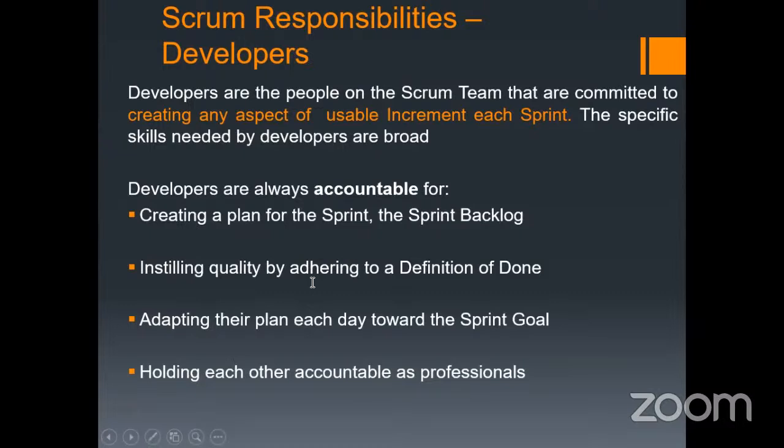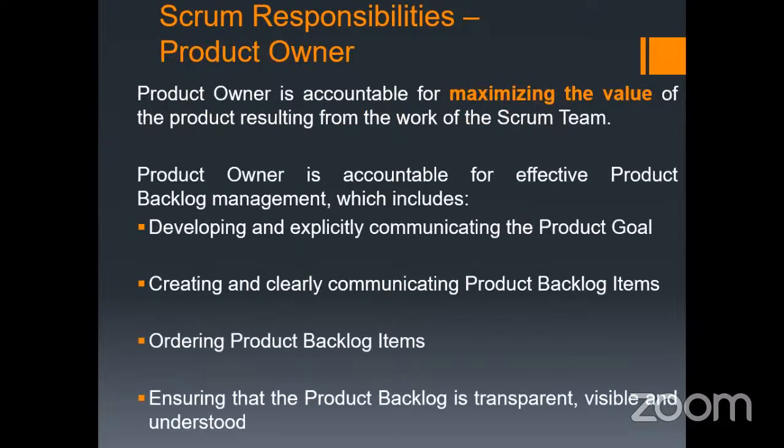Then they check that the increment created adheres to the definition of done. Every day they check that whatever progress they are making is going towards the sprint goal and not deviating from it, and they hold each other accountable as professionals.